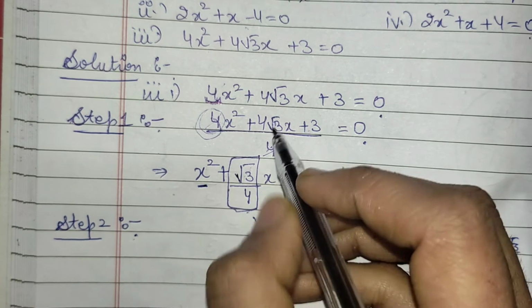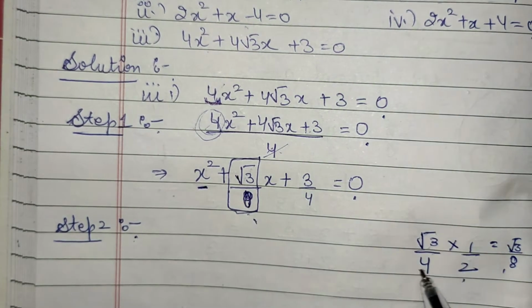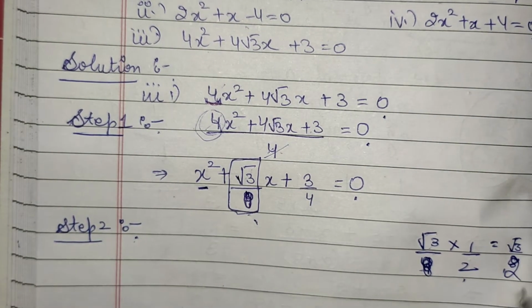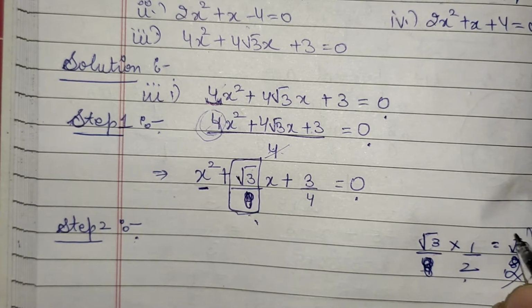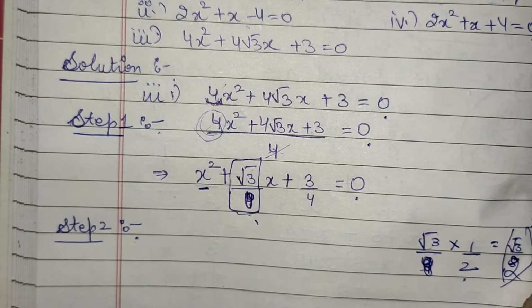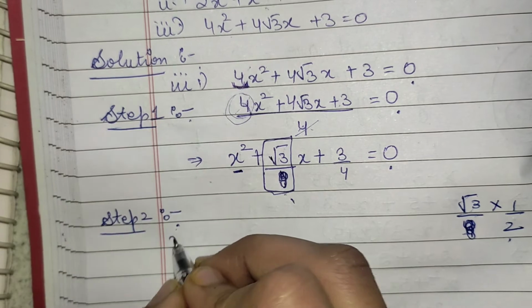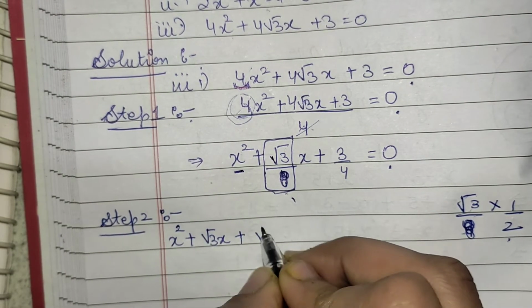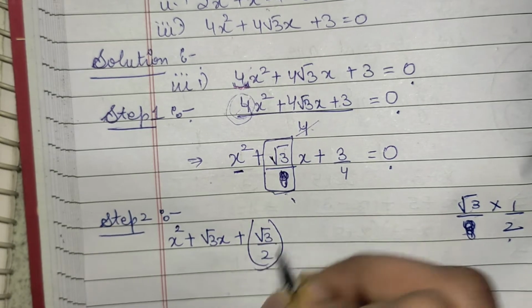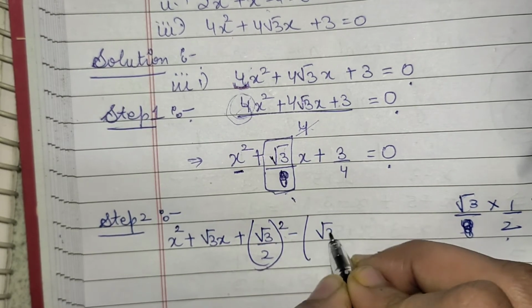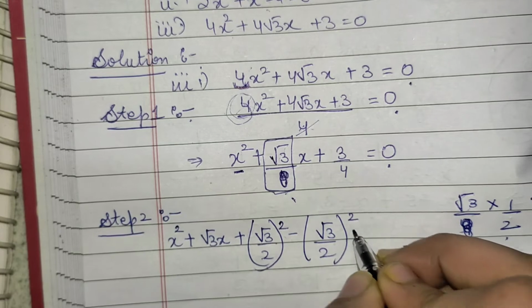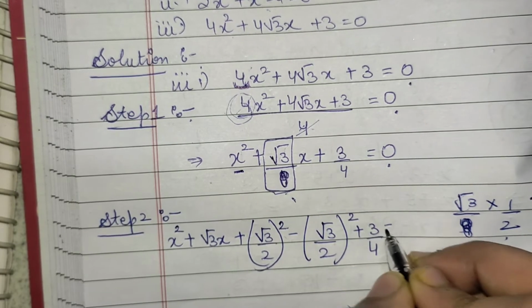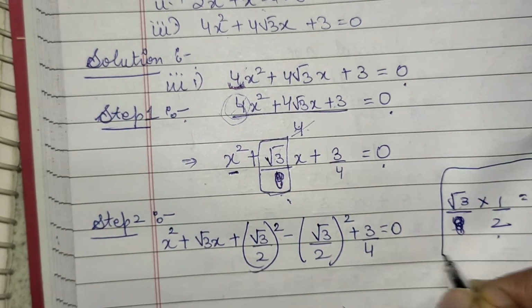Okay, sorry, it will be root 3 only. So root 3 by 2. Do the square of this value, add it and subtract this same value in the equation. Plus root 3 by 2 square minus root 3 by 2 square plus 3 by 4 is equal to 0. Second step is also done.